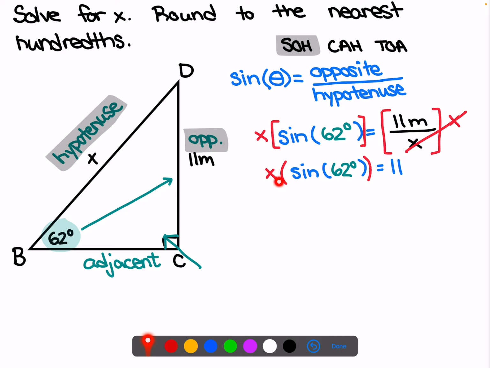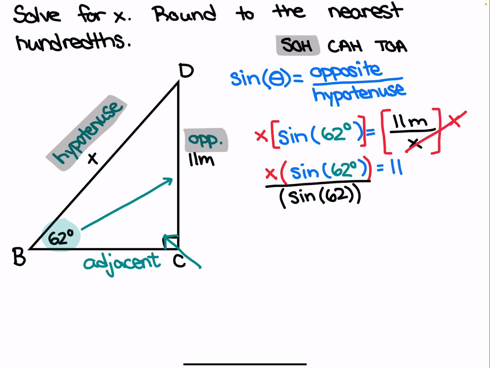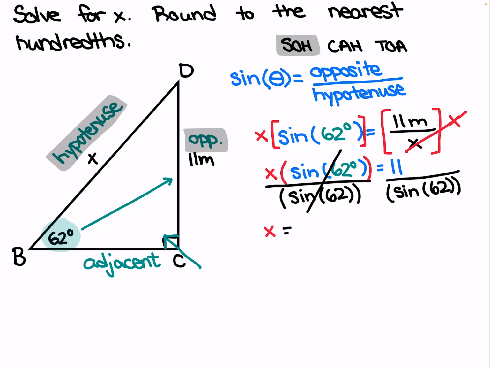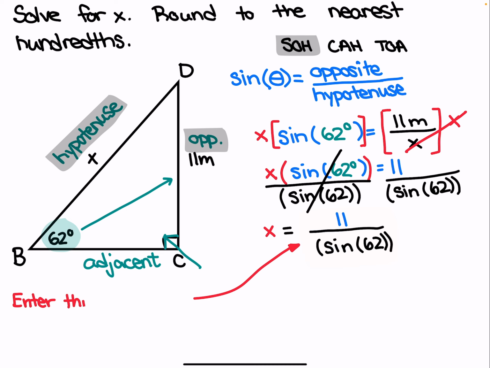Now we have multiplication occurring. Again, this whole thing is just a function, so we can just treat it all as one number. So I'm going to divide both sides by sine of 62, that entire trig function. They will cancel out on the left side, and we'll be left with x equals 11 over sine 62.